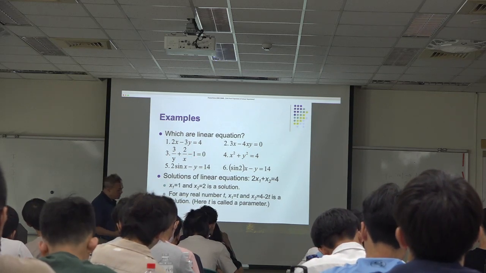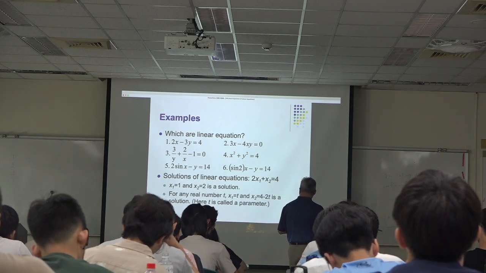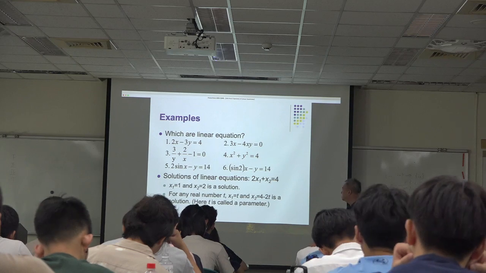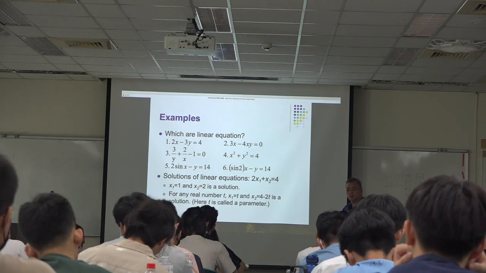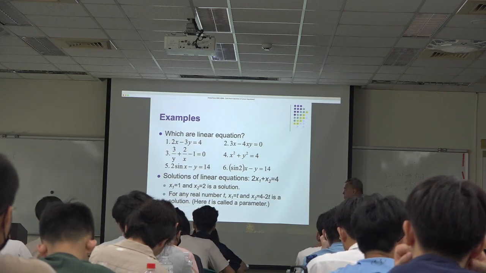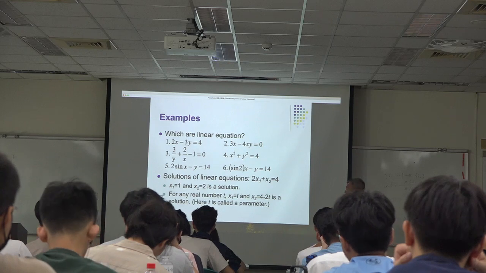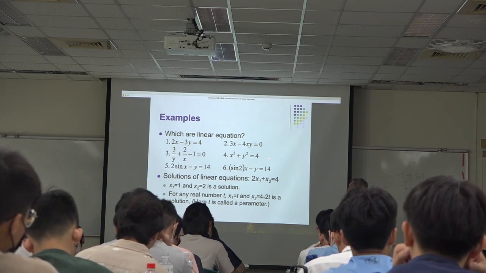That term obviously is not linear either. The fourth one, x squared plus y squared equal to 4, is obviously a circle with 0 as the center and radius 2. But unfortunately, this is not a linear equation either.